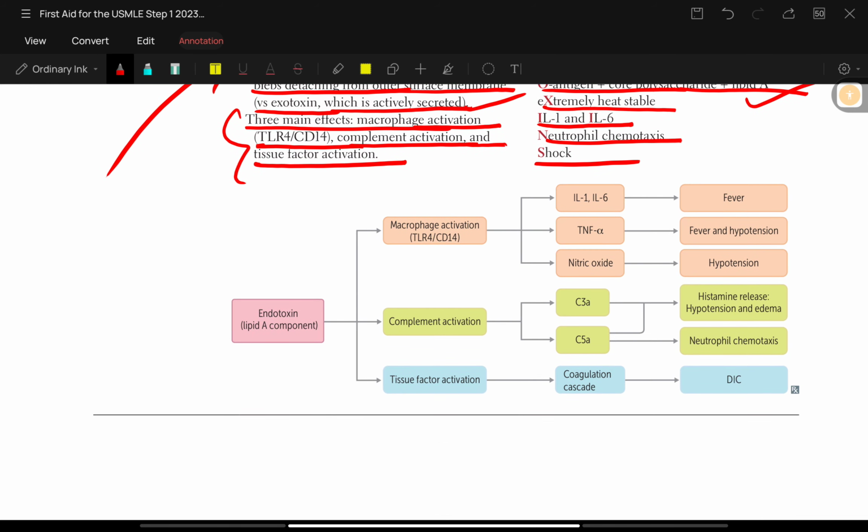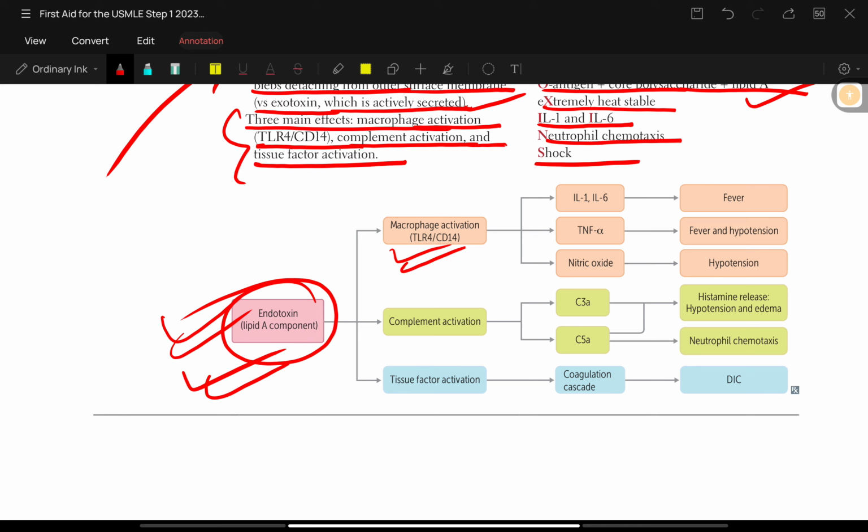Here it is given that the lipid A component of endotoxins leads to macrophage activation and release of interleukin 1 and 6, causing fever.